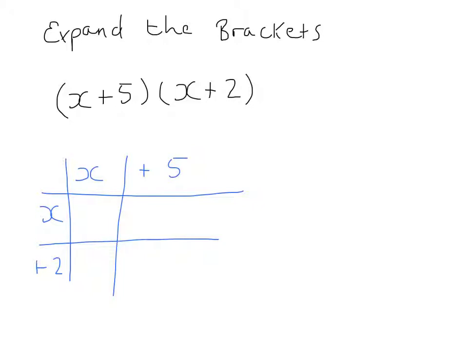So first of all, here we have x times x, so that'll be x squared. But then we also have to work out x times 5, that's 5x. Then we need to work out 2 times x, which is 2x. And then finally 2 times 5, which is 10.